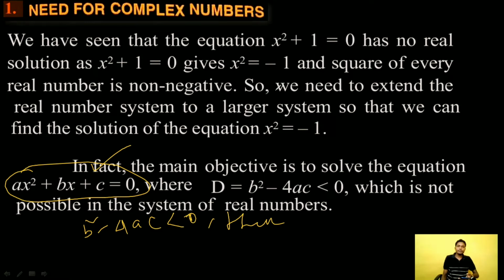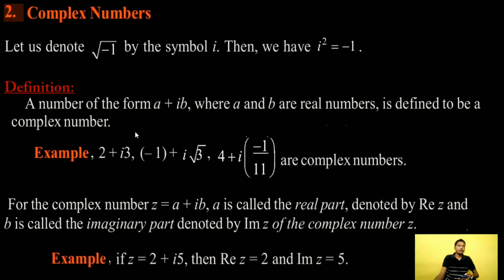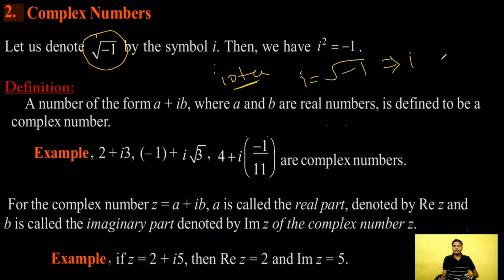Okay, now I will explain the idea of complex numbers. What is a complex number? First we will denote root over of -1 equal to i. This i is called iota. Since i is equal to root over of -1, this implies i square is equal to -1.